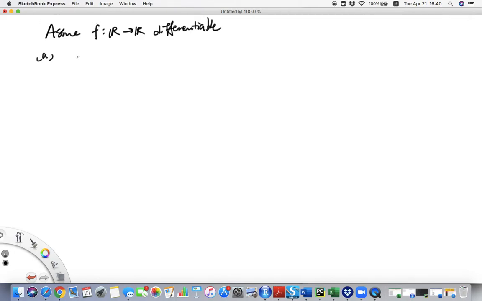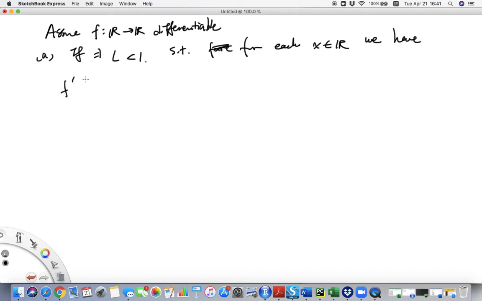Part A: if there exists L less than 1, such that for each x in R, we have the absolute value of f prime of x less than L, prove that there exists a unique x such that f of x is equal to x.